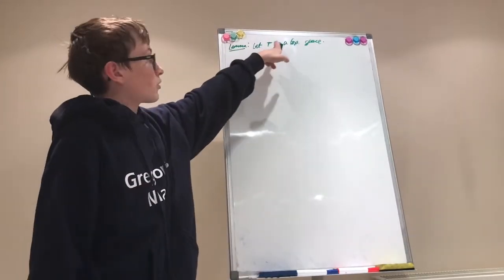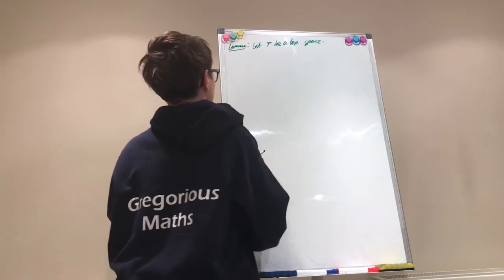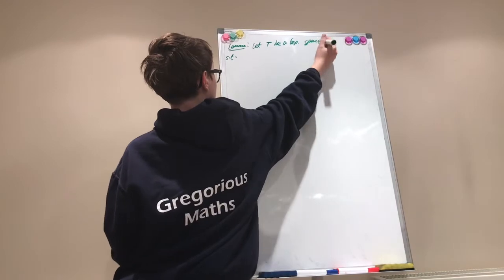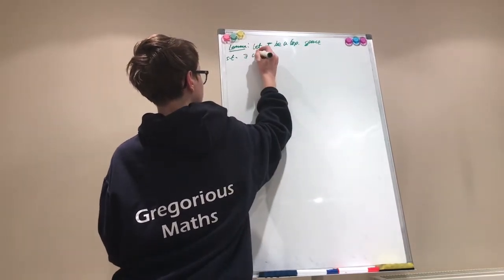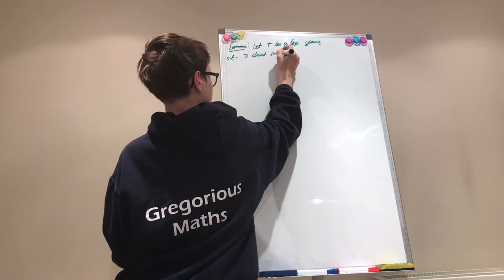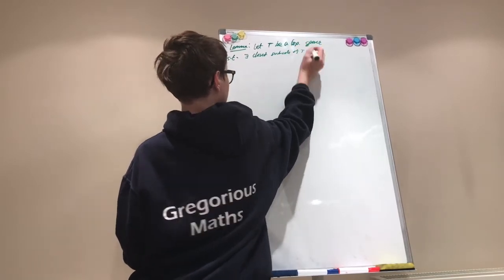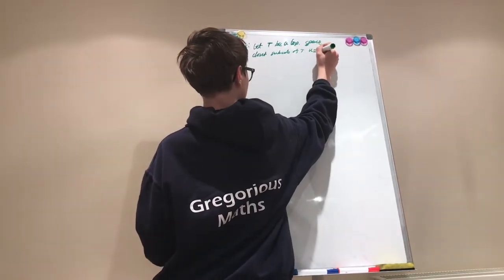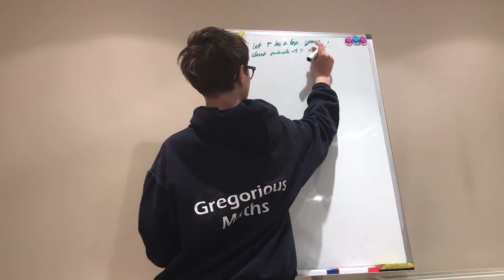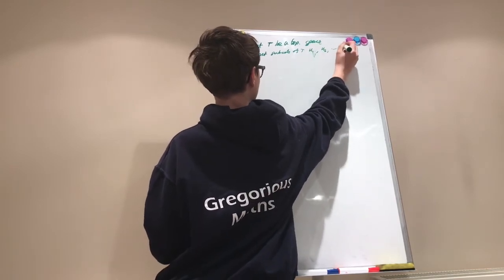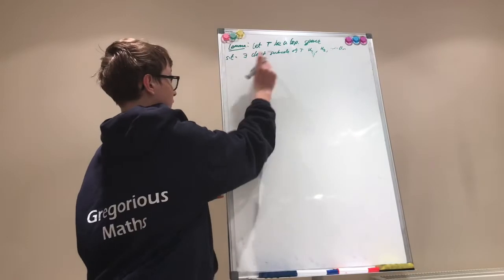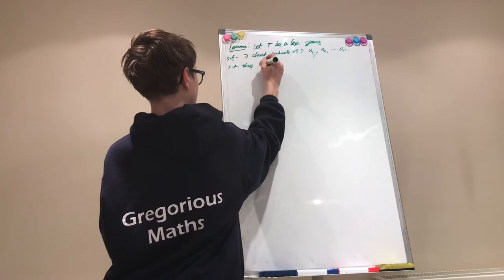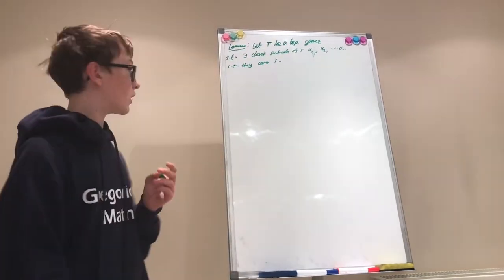Now that T is a topological space, such that there exist closed subsets of T, U sub 1, U sub 2, all the way up to U sub n. They're closed subsets of T such that they cover T. Okay?